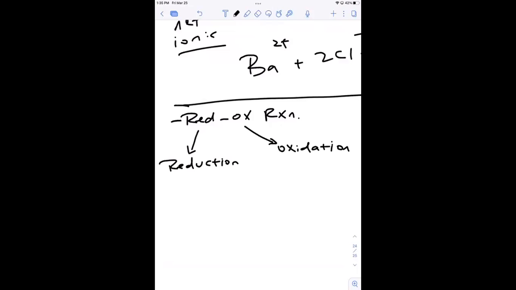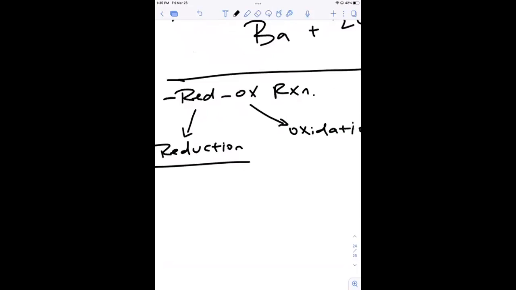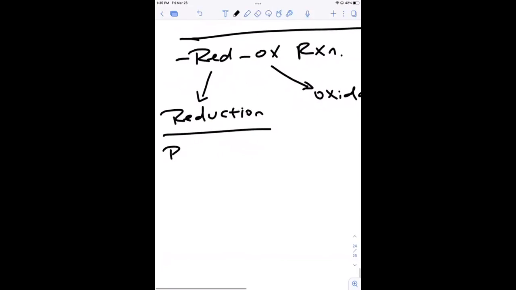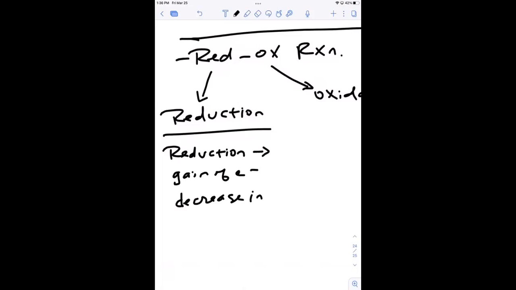So by definition, when we think about the term reduction, reduction is a decrease in the oxidation number or charge, but we also think about this as the gain of electrons. So it's the gain of electrons. We can also think about it as a decrease in oxidation number.